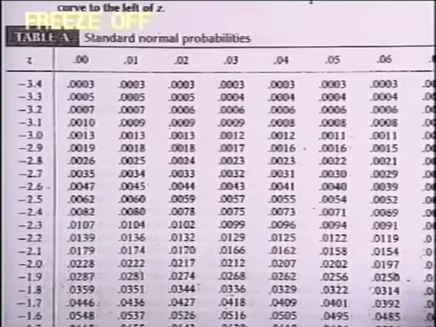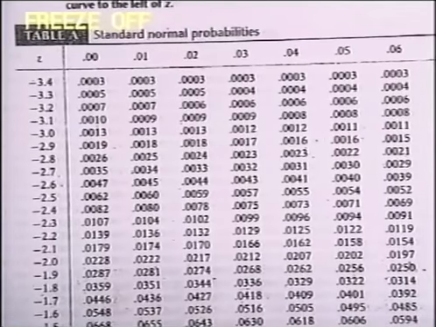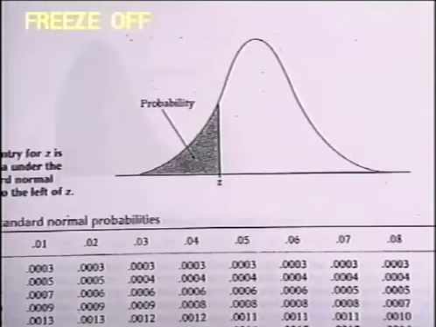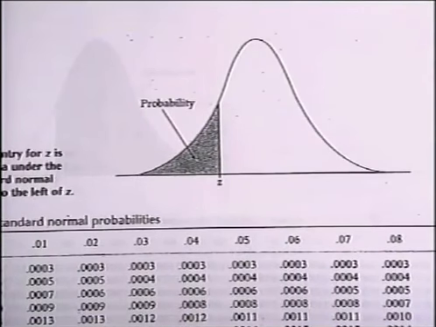Let me put up the normal table. Okay. If you notice here in the percentages, this is dealing with the left-hand side of the distribution. If we have 95% in the middle, we would have 2.5% on the bottom and 2.5% on the top, so that they would all add up to be 100%.